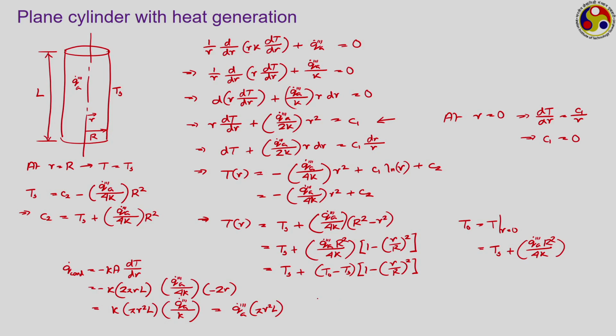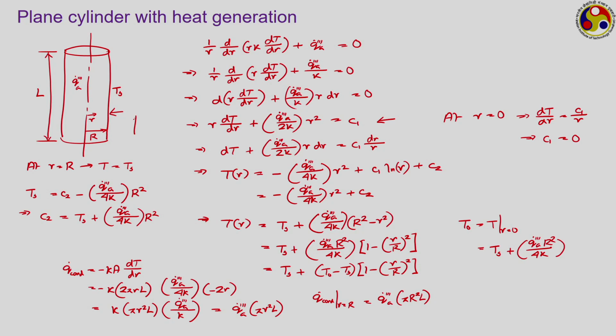Or at the surface, maybe, q dot conduction at r equal to capital R, means total energy conducted at the surface, that refers to the surface of this cylinder. So, it becomes pi r square L, that is the entire volume of the cylinder, into the energy generation, that is the amount of heat that will be coming out.